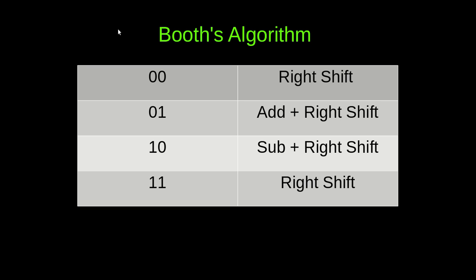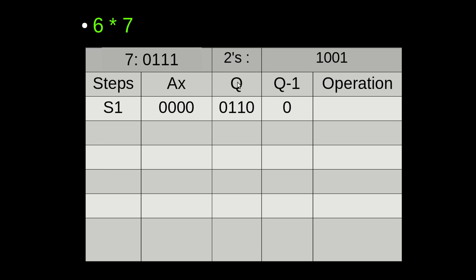If I have 0 and 0, this 0 is Q, and Q minus 1, and this 0 is Q0. And let's see what's Q0. Q0, I'll have the 6 here as my initial value. This is 6. This represents the 6.